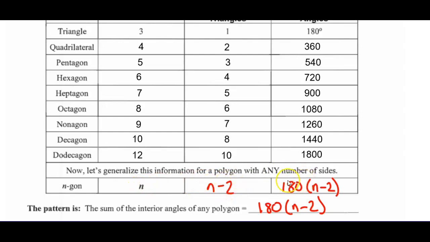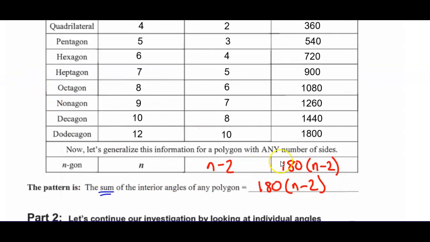So the number of degrees is 180 times the number of triangles. So the pattern is sum of the interior angles, this is always for the total, not for an individual, 180 times n minus 2. And that can work both ways. Either I can plug in the number of sides, or if I want to know how many sides a polygon has, given the total number of degrees, I can put that on the left side and solve for n.